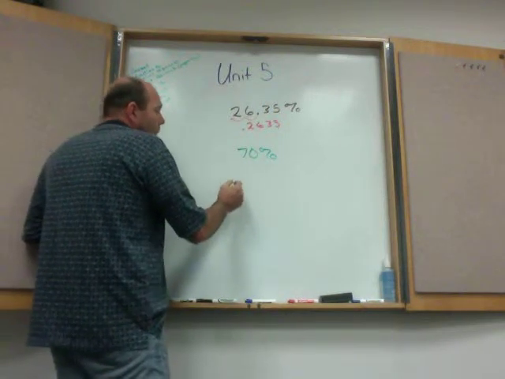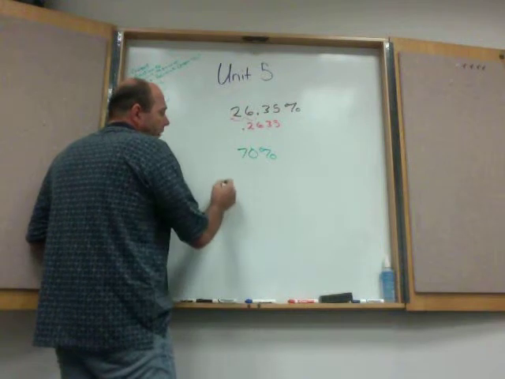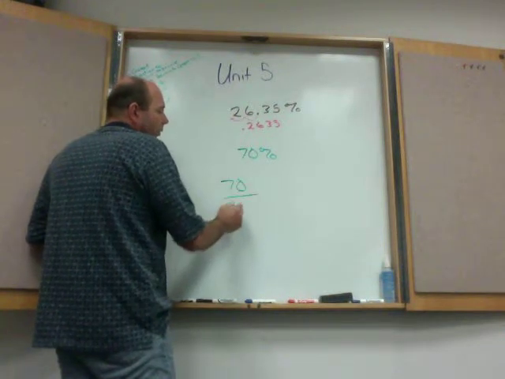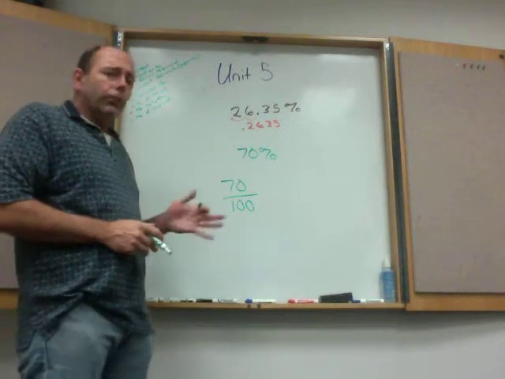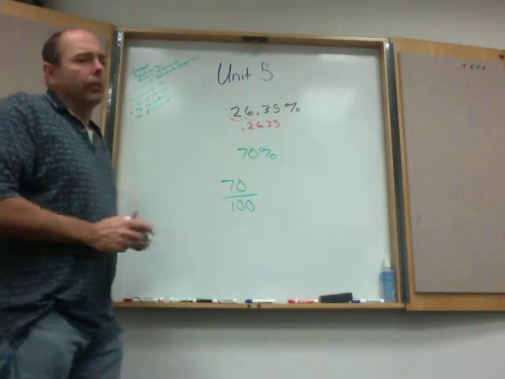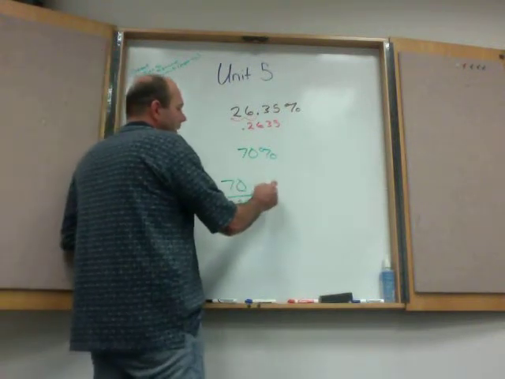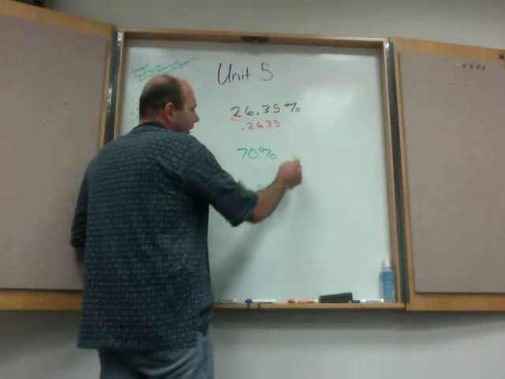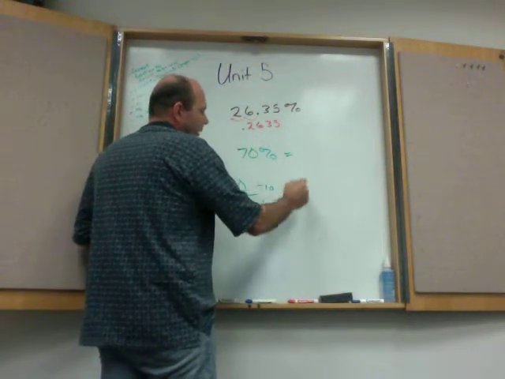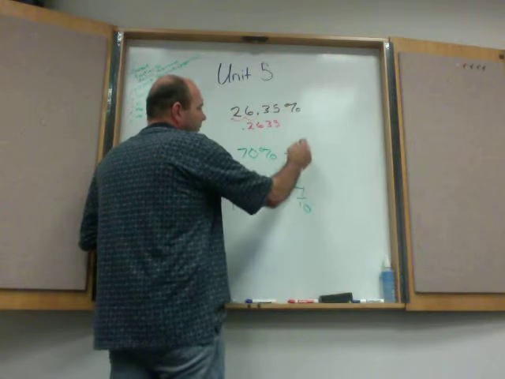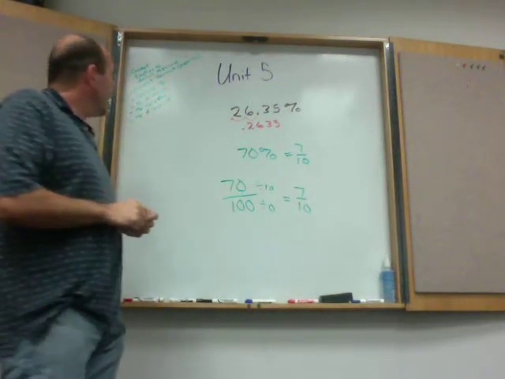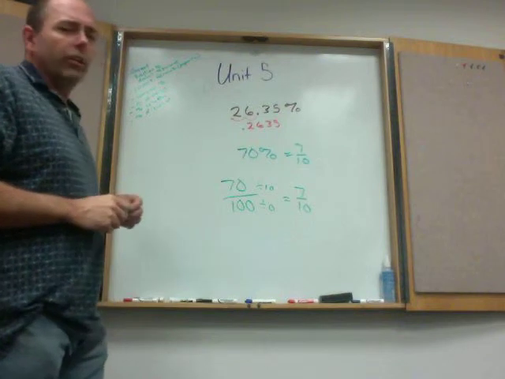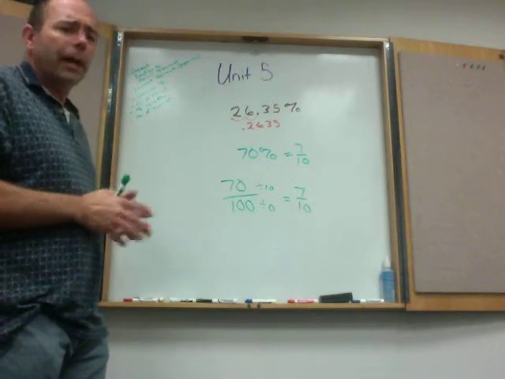So what I mean by that is I can write 70% as 70 over 100. Seems simple enough, I should be done, but of course we need to reduce. So I'll divide by 10, and I'll find out that 70% is actually equal to 7/10. Okay, and that'll cover our conversion of fractions to decimals to percents and back and forth.